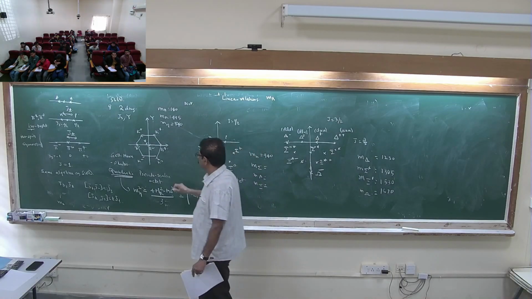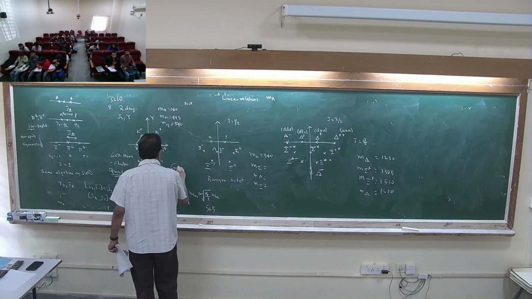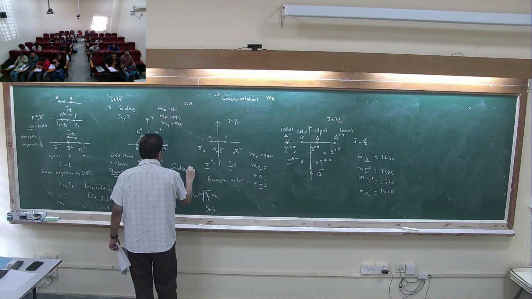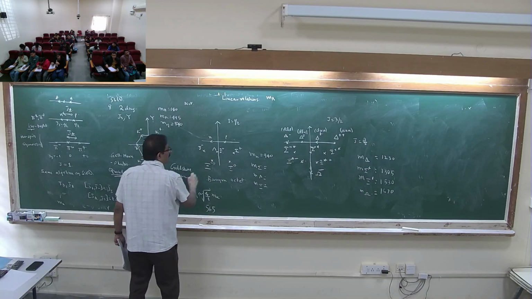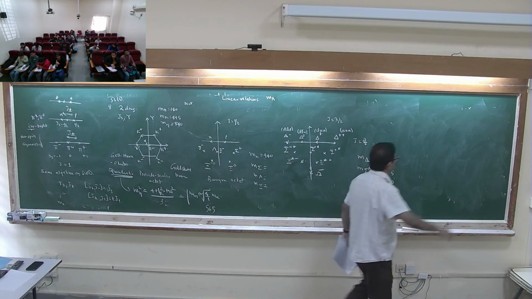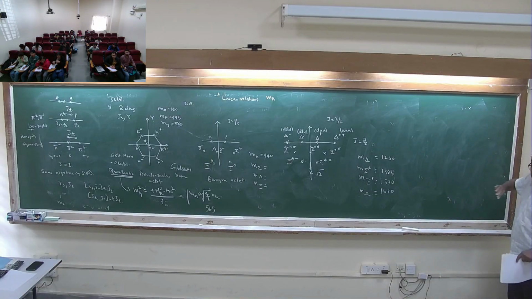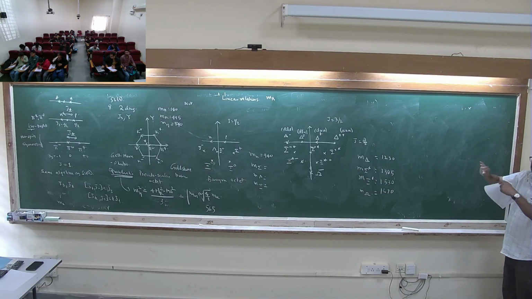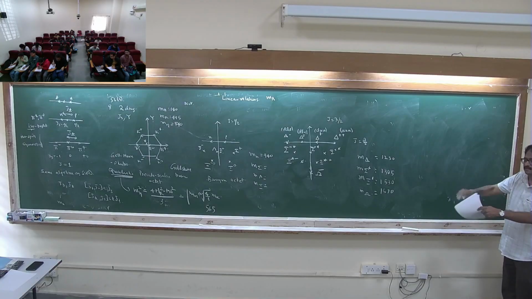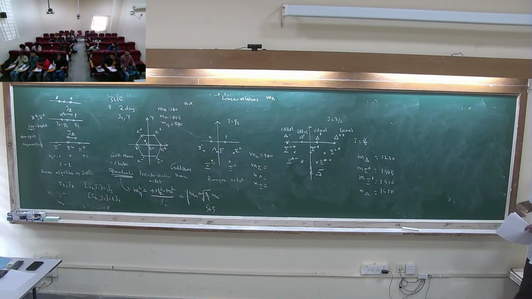Because these are Goldstone. I erased that, no? The discussion over here is saying something about the ground state of QCD: why these particles, how the mass generation takes place. It takes place because these are approximate Goldstones.